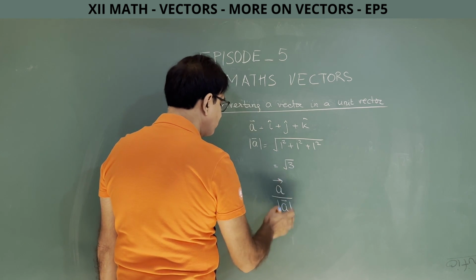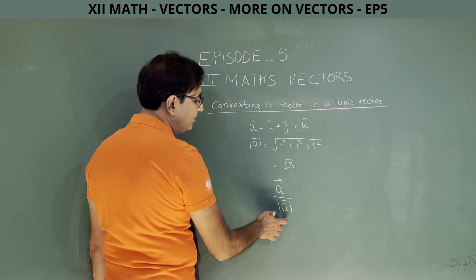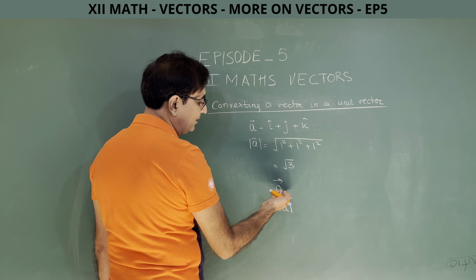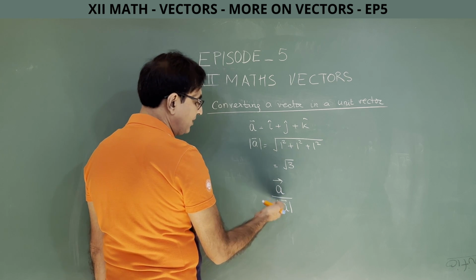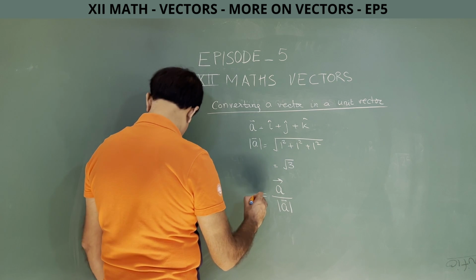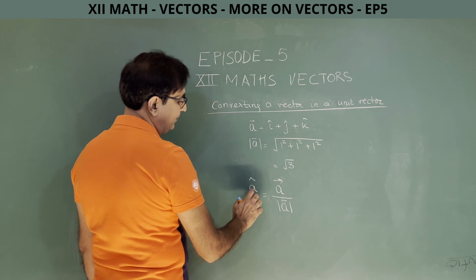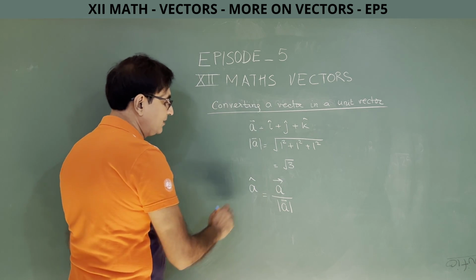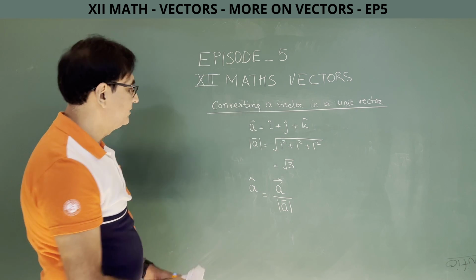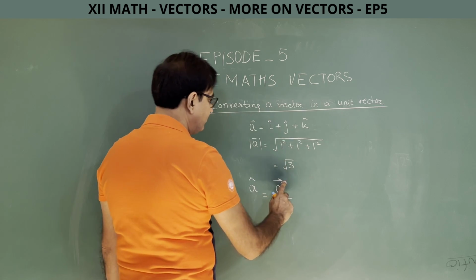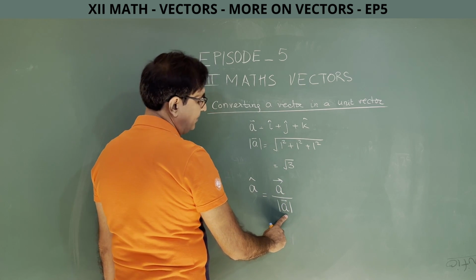You can't divide two vectors, but you can divide a vector by a number, or you can say you are multiplying a vector by 1 by magnitude of vector A. So, this is A cap, because it is a unit vector and the symbol reserved for a unit vector is A cap. So, what is A cap? Vector A divided by magnitude of vector A.